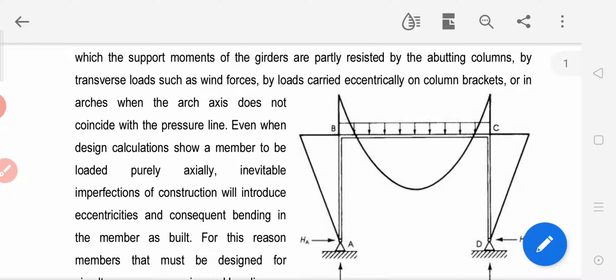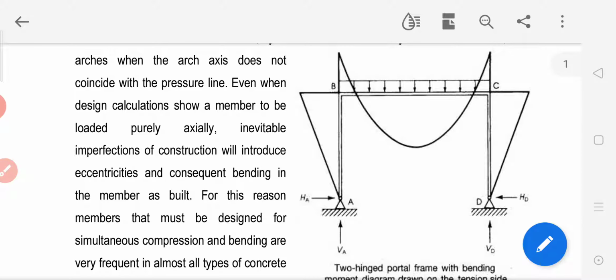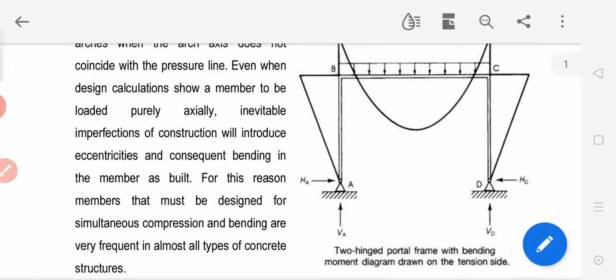Even when design calculations show a member to be loaded purely axially, inevitable imperfection of construction will introduce eccentricity and consequent bending in the member as built.